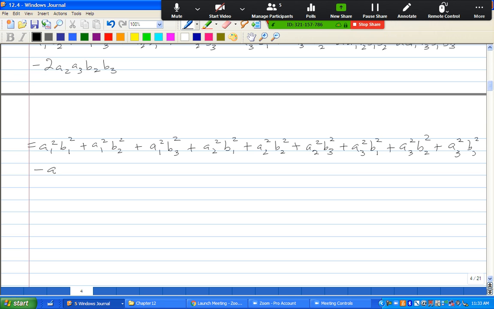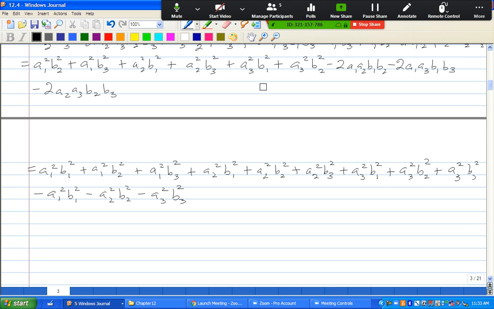So all of the diagonal terms, I had to add those. So I'm going to have to subtract them off. So I'm subtracting off these 3 diagonal terms that I added. And I still had these last 3 terms.